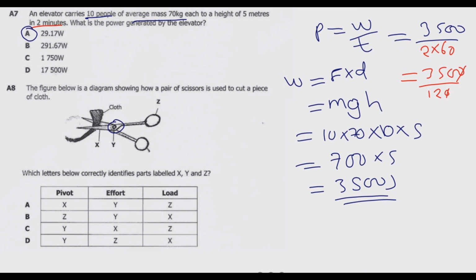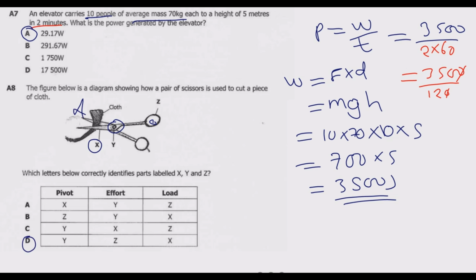So it's Y, so the pivot is Y, so A and B are out, and we remain with C and D. So where are we applying force? Where we are applying force is the effort, which is Z, where the hands enter. So Z is the effort. Then where work is being done is X, this is where the load is. So D is the best answer.